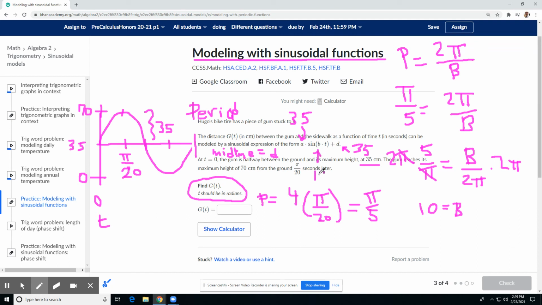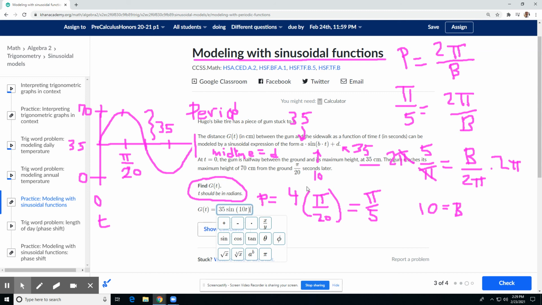So let's see how we did. So I got 35 sine 10 times t plus 35. So 35 sine of 10 times t, and then a lot of times they like that in parentheses, so let's just go ahead and put that in parentheses.